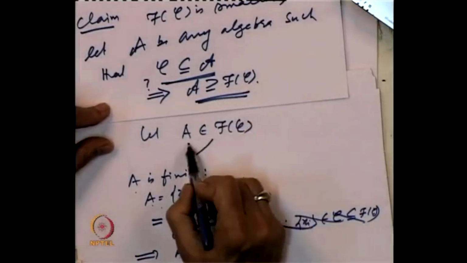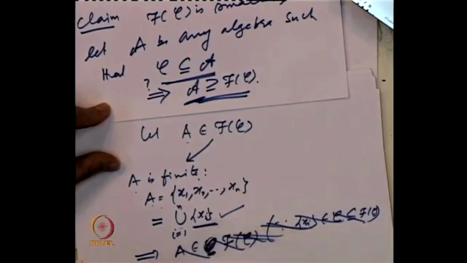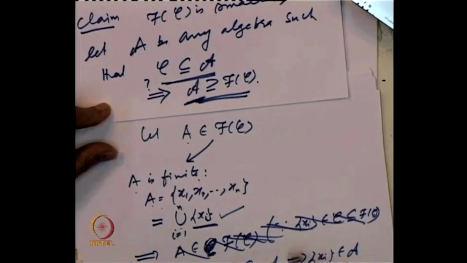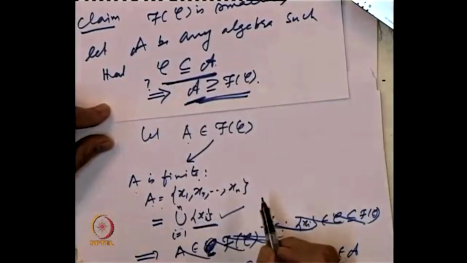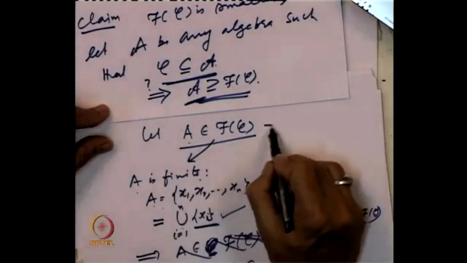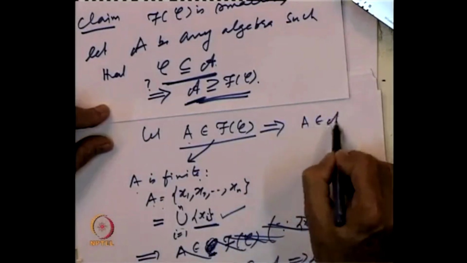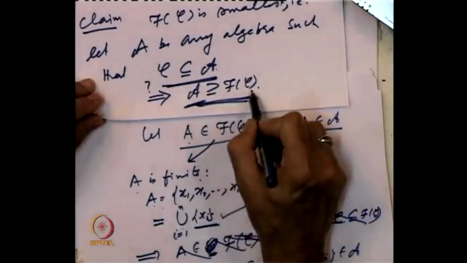We want to show that the set is inside the class A, but each xi belongs to C, C is contained in A, that means each xi belongs to A, and A is an algebra, so that implies that the union belongs to A. Same argument, basically using that C is inside A and A is an algebra, so that will prove that if a set belongs to f of C, then it belongs to A. So that proves that A always includes f of C.